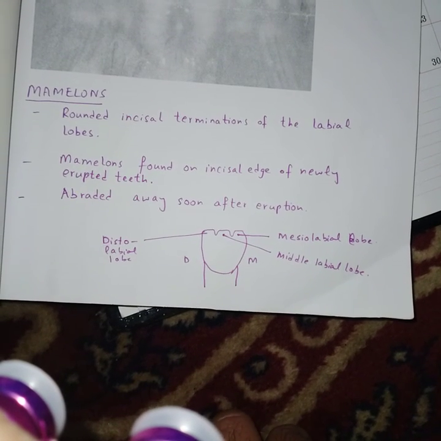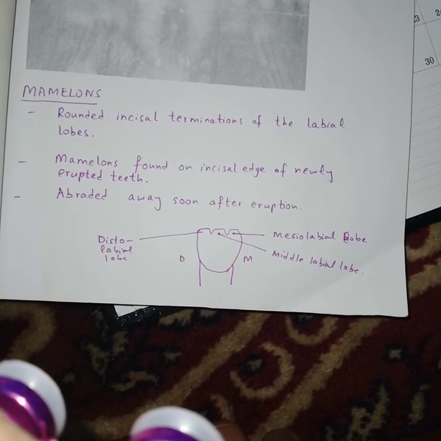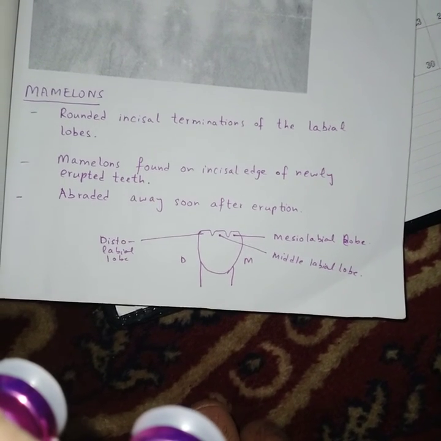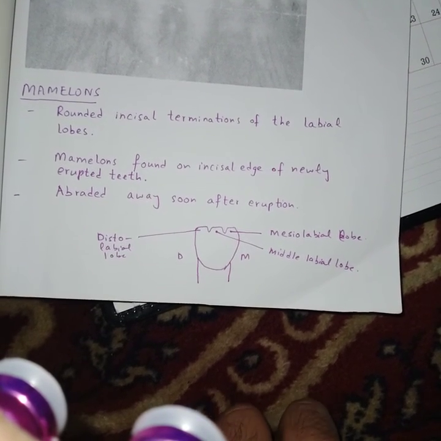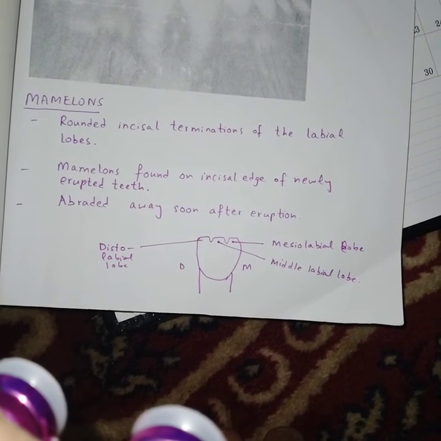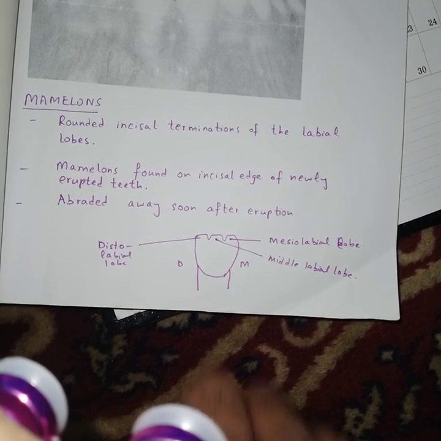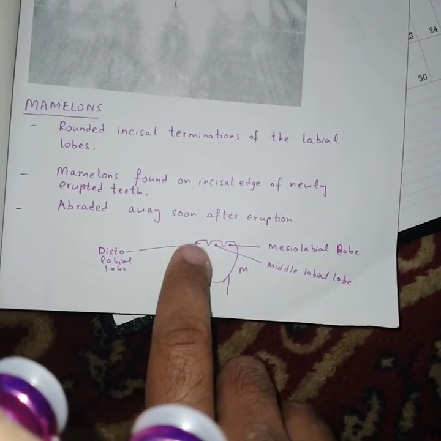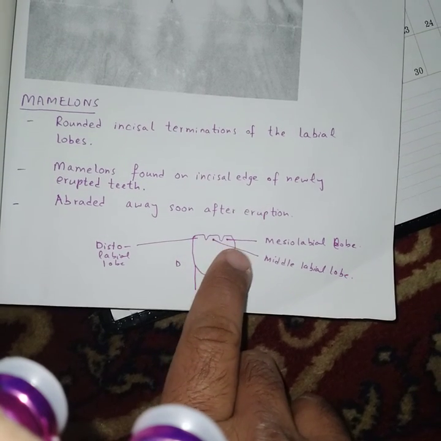Mamelons are the rounded incisal termination of the labial lobes. Mamelons are found on the incisal edge of newly erupted incisors. They are abraded away soon after the eruption. You can see these are the mamelons. They are representative of the labial lobes.